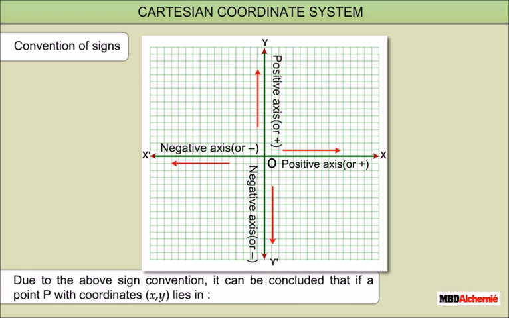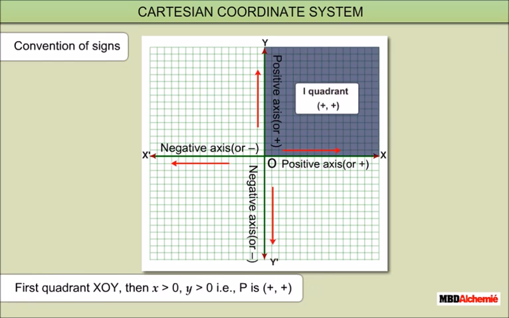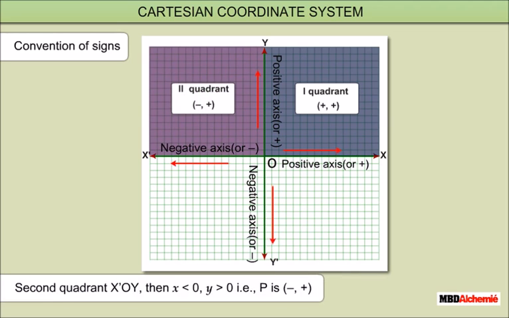Due to the above sign convention, it can be concluded that if a point P with coordinates (x, y) lies in the first quadrant XOY, then x is greater than 0, y is greater than 0, that is, P is (+, +). Second quadrant X'OY: then x is less than 0, y is greater than 0, that is, P is (-, +).